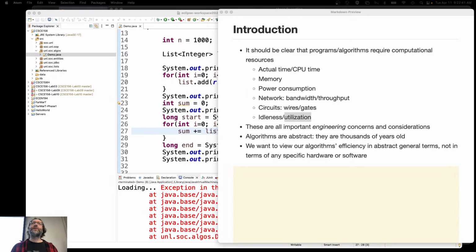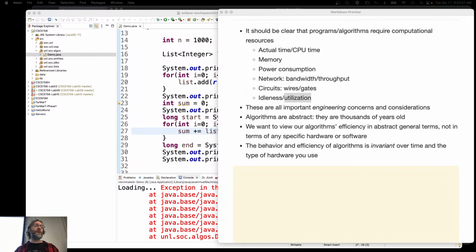And of course now we're on 4080s. So you can always upgrade your hardware and make it faster, but you're only making individual steps faster. You're not making the algorithm any faster. The behavior and efficiency of an algorithm is invariant over time and over the type of hardware or software you use.